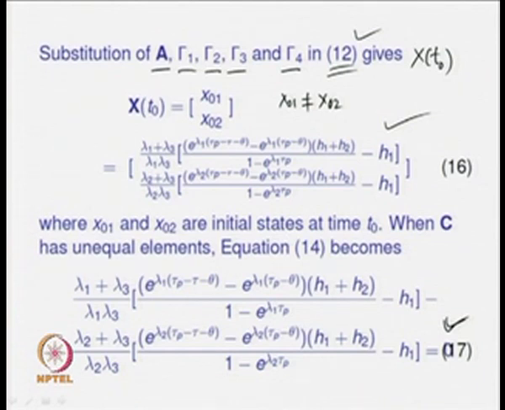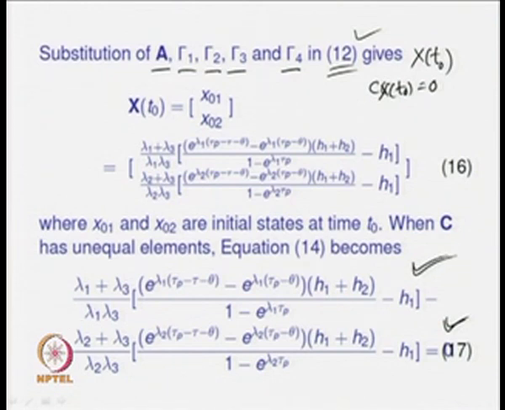So, assuming that x01 is not equal to x02, since C x(t0) has to be 0 for the sustained oscillatory output, we obtain an expression of the form given as 17.